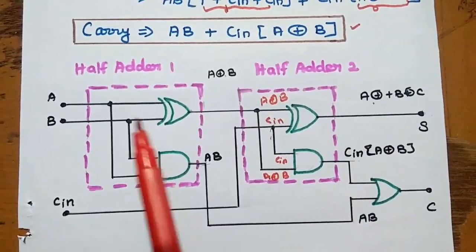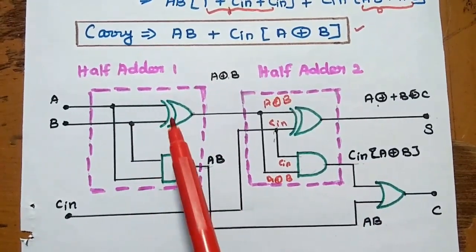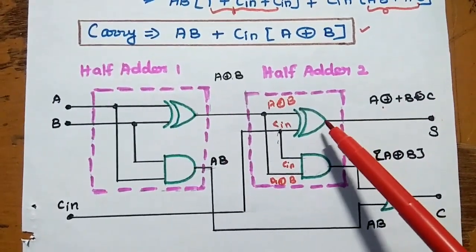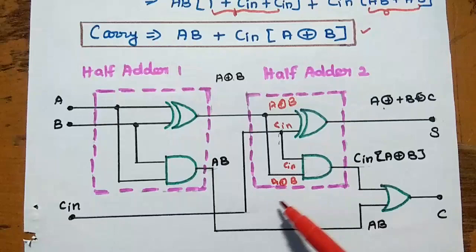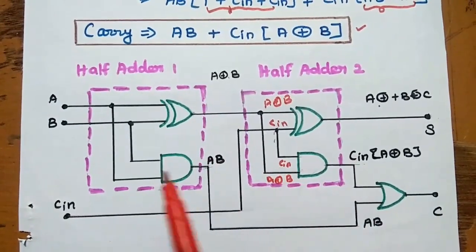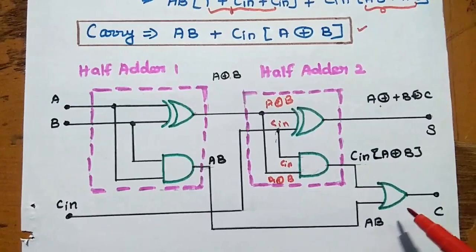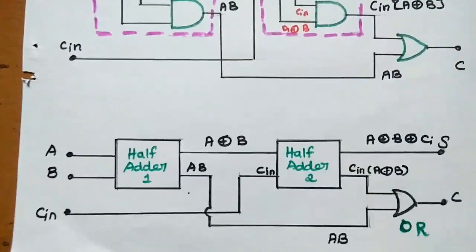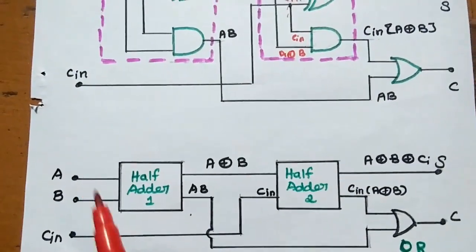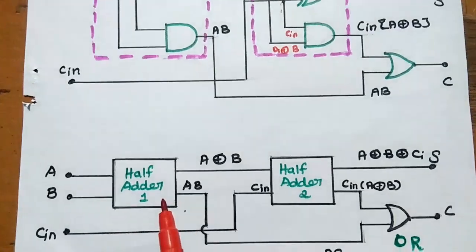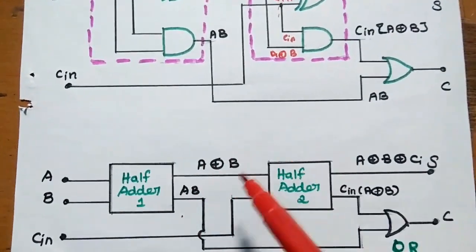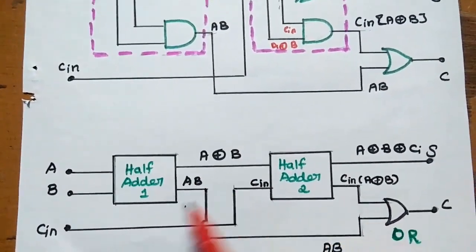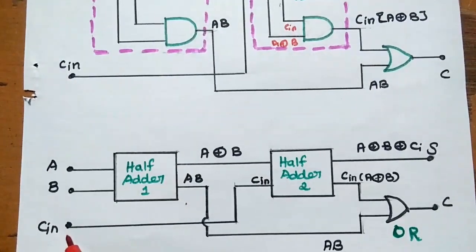From this circuit, we can tell the first XOR along with the AND gate is a half adder. Here we have one more XOR with AND gate, which looks like a half adder. So we have two half adders along with one OR gate to realize the full adder circuit. A and B are given as the input to the first half adder, and we obtain two outputs: A XOR B, and the product of A and B. Cin is the third input for the full adder.